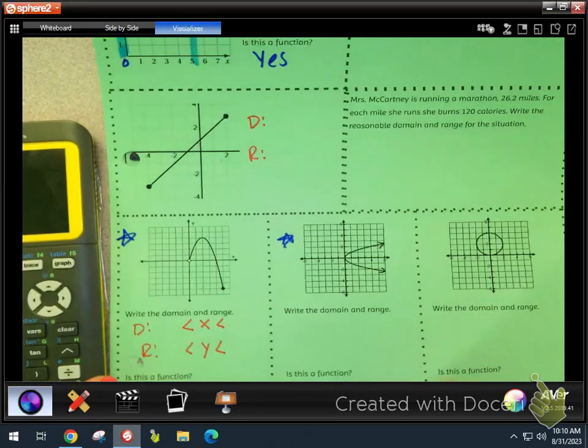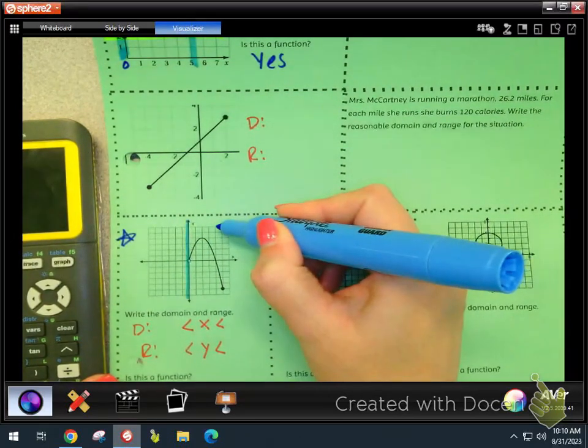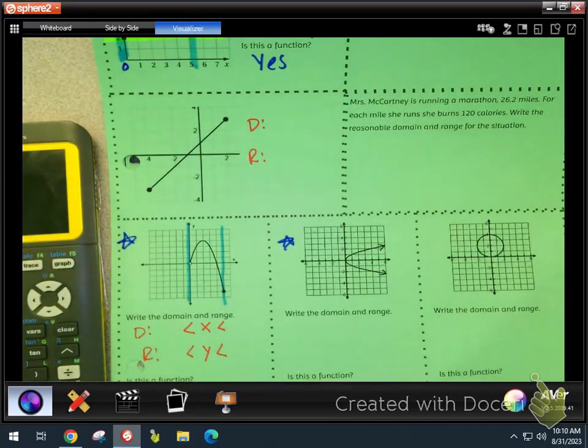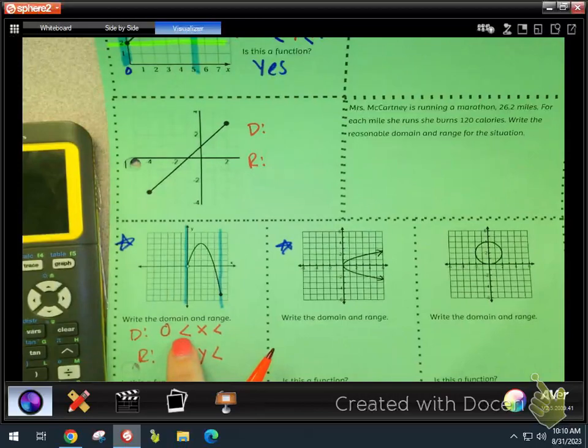Can you put boundaries on this graph? Yes. So there's my left and right boundaries. Even though this guy's curvy in there, does that matter? No. Okay? So what is my leftmost x value that's going on? 0. But what kind of circle is that 0? So do I put an equal to here? No. We just leave it.